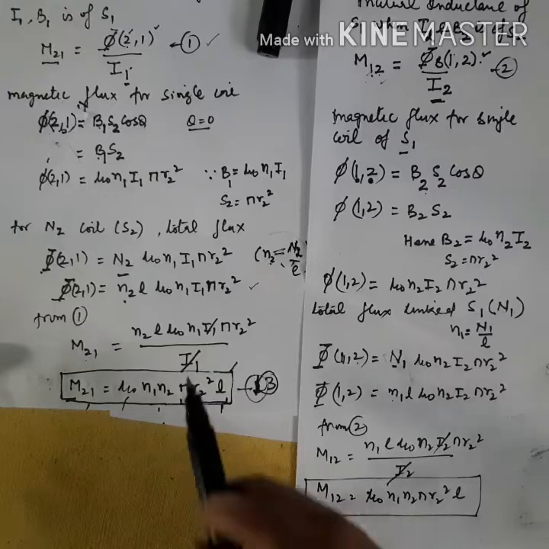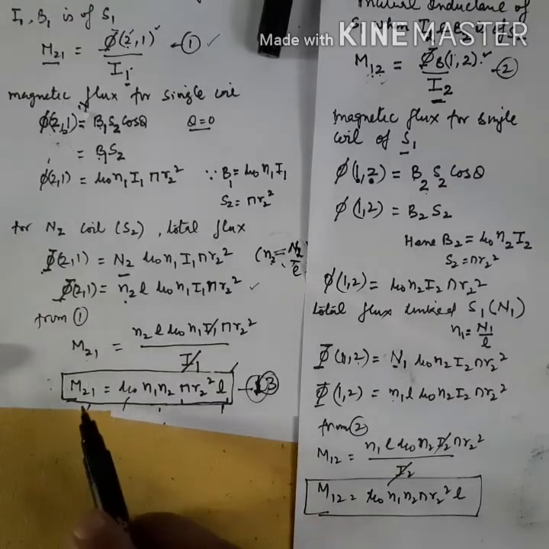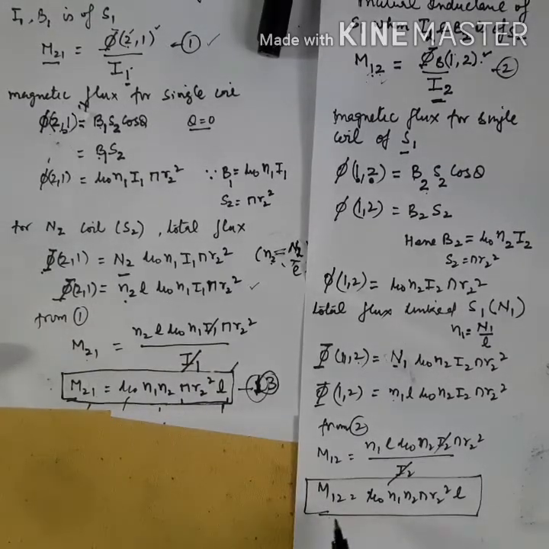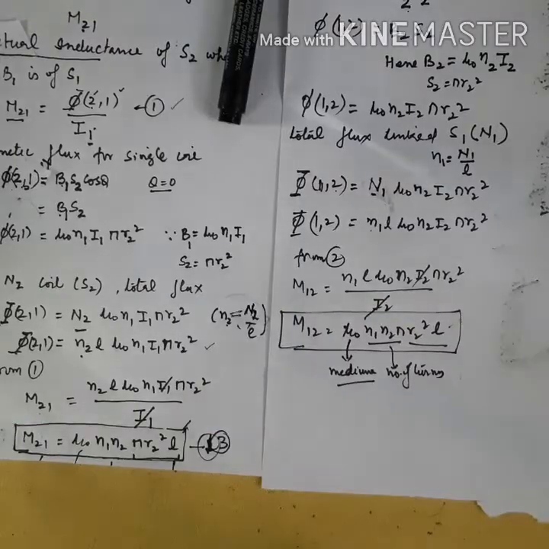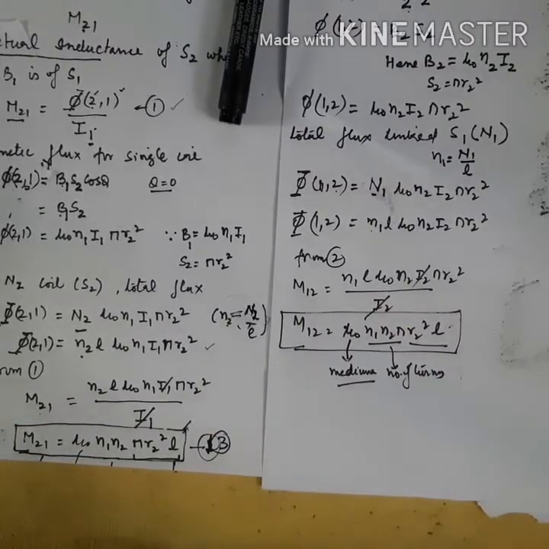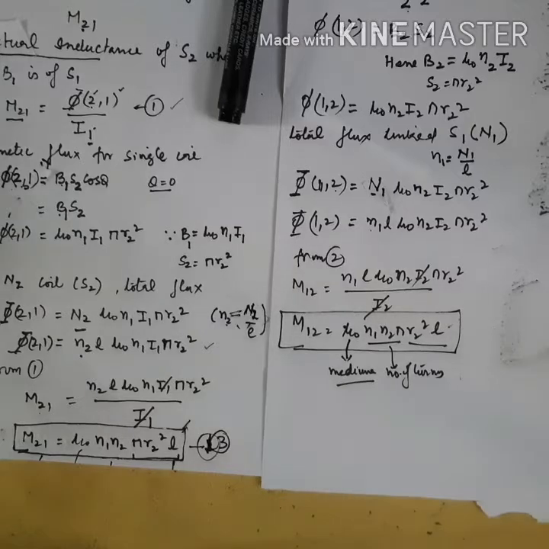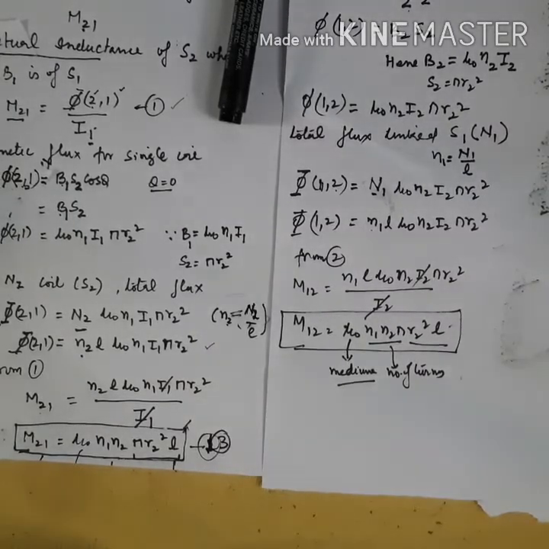If you compare both, you will find that the mutual inductance of the second with respect to the first and of the first with respect to the second have the same value. So the mutual inductance of one with respect to the second will be equal to the mutual inductance of the second with respect to the first.